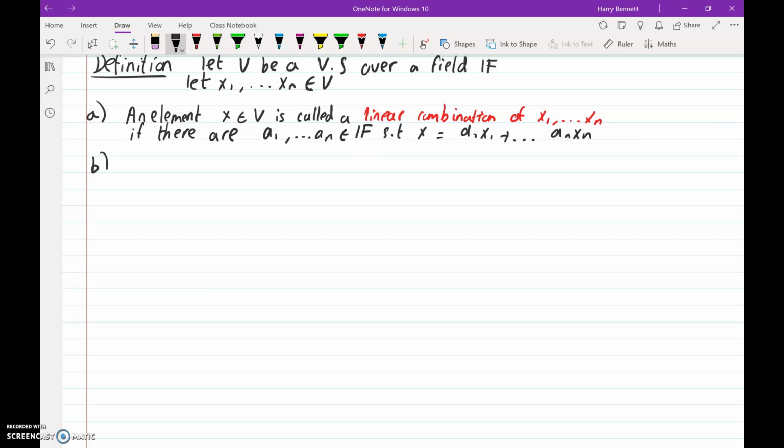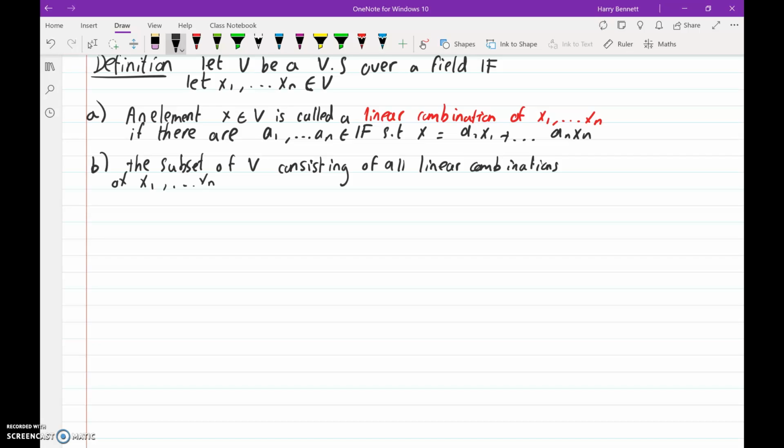Secondly, we say the subset of V consisting of all linear combinations of x1 up to xn is called the span of x1 up to xn.